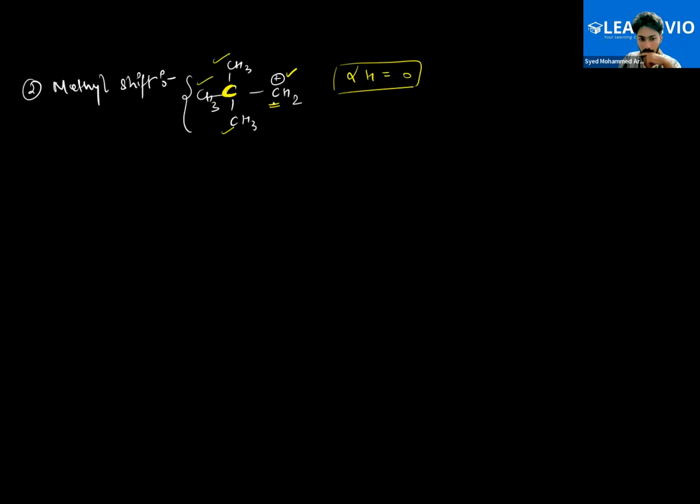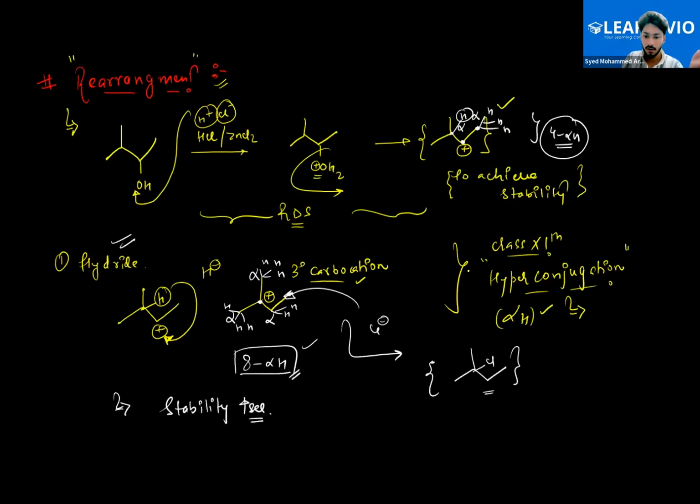So this single C, will we consider it as alpha H? Where is the single C? This is not the alpha H. This is the alpha carbon. The hydrogens attached to the alpha carbon are known as alpha hydrogens, if present. If not, then we can't say this is alpha hydrogen.